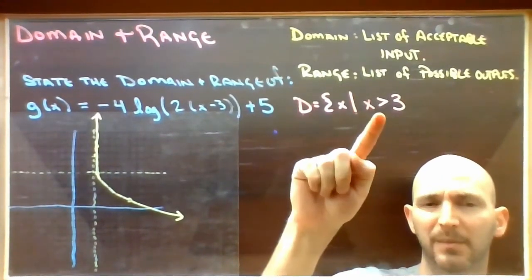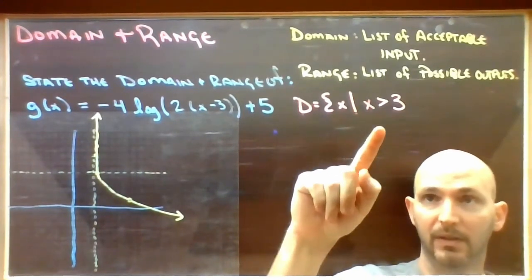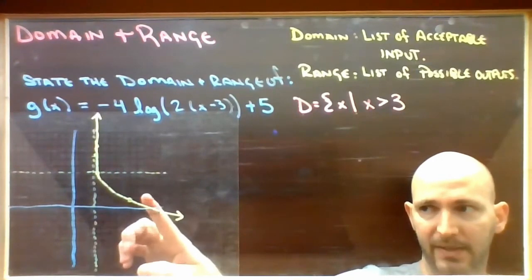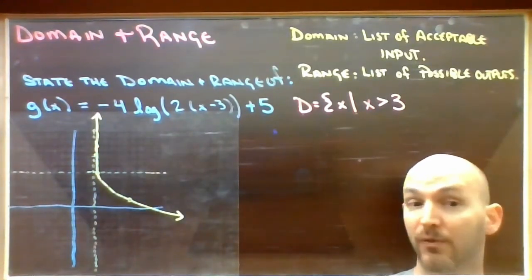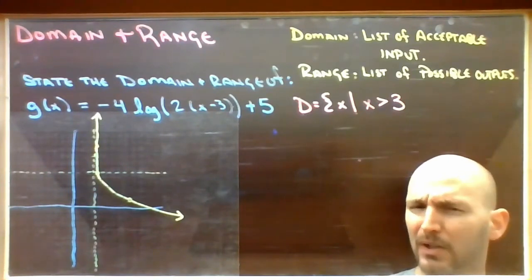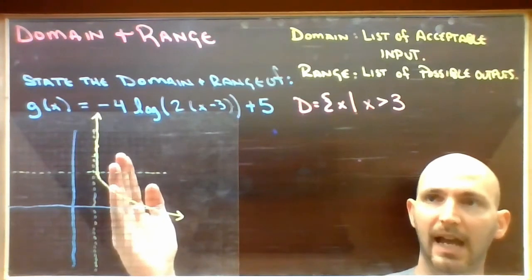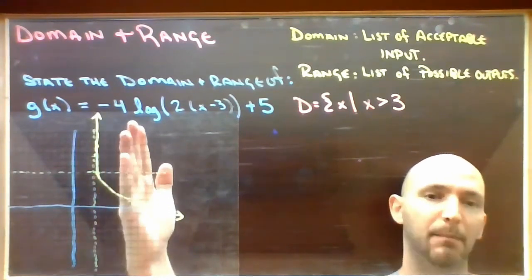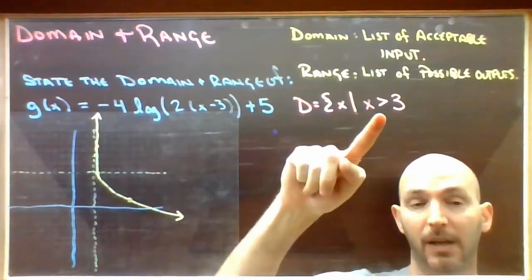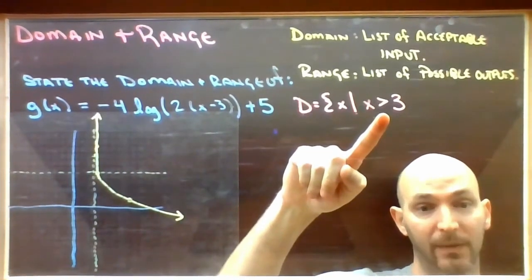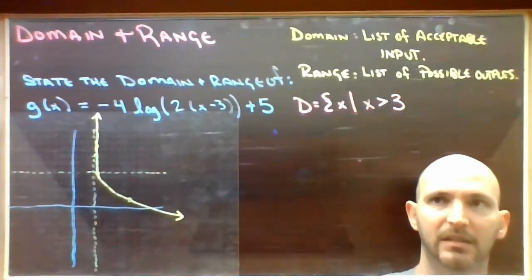Now, sometimes this is just a greater than, sometimes it's greater than or equal to 3. So I'd have to look at this thing here. If it's an asymptote, it never touches that line. It gets very close, but it doesn't actually reach it. So you can have any number that is bigger than 3, but it can't be exactly 3. So I'm going to have to leave this as a greater than, because this curve never actually touches that line.